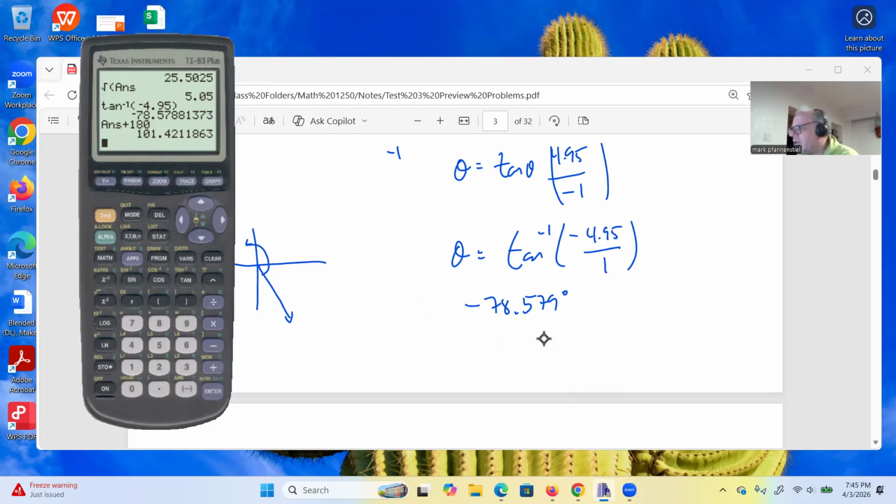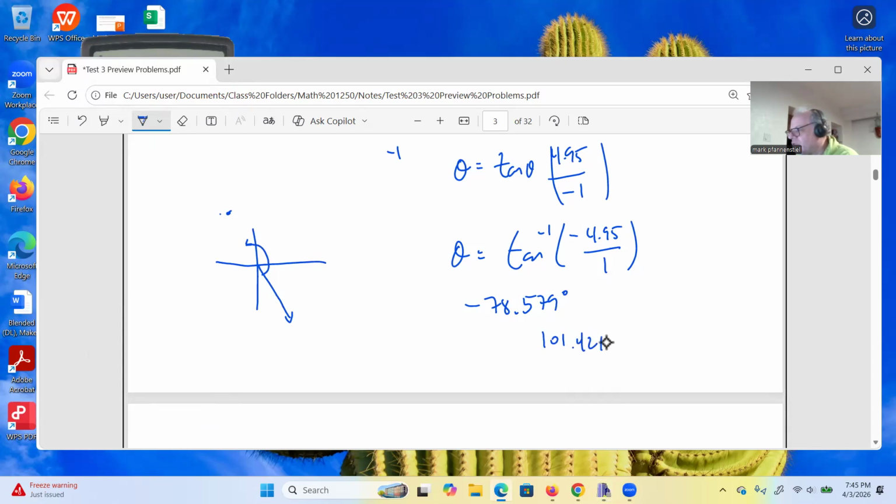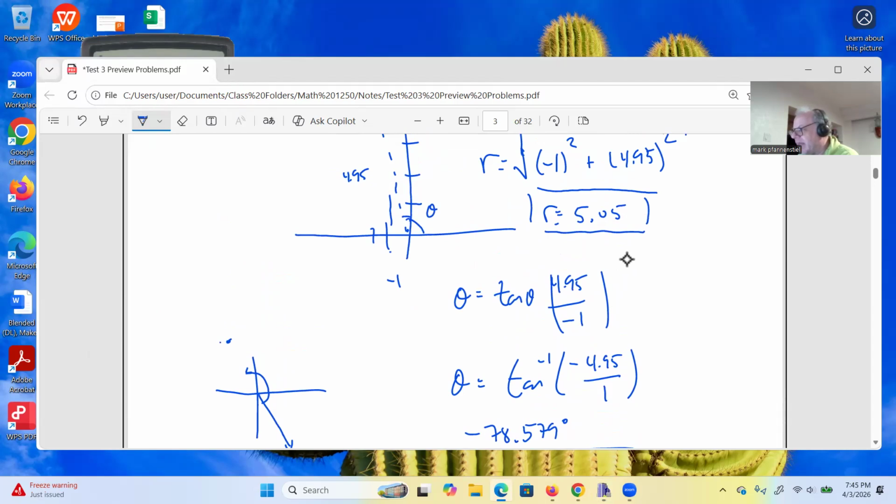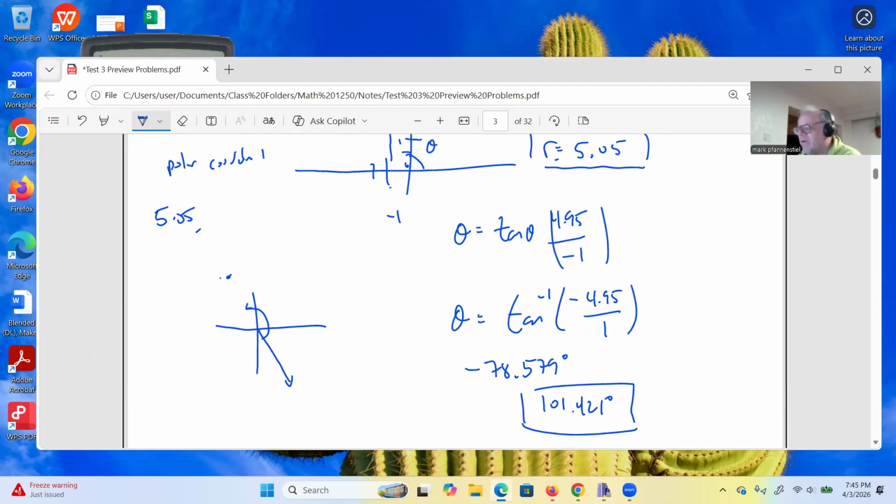So my answer for this is going to be r, theta, so my polar coordinates, is going to be 5.05 as my r, and then we have 101.421 degrees.